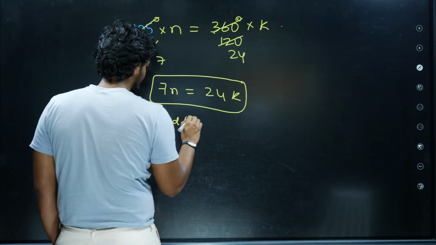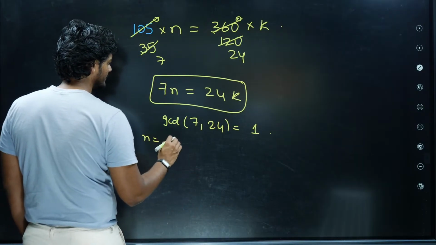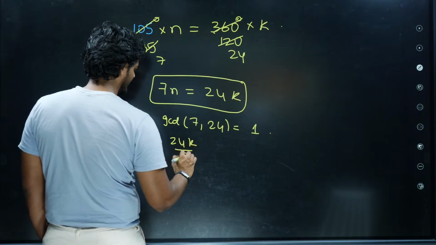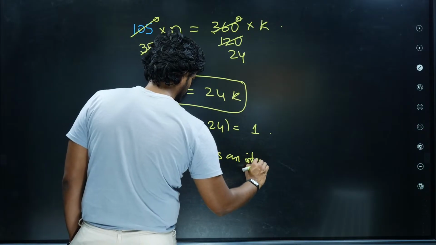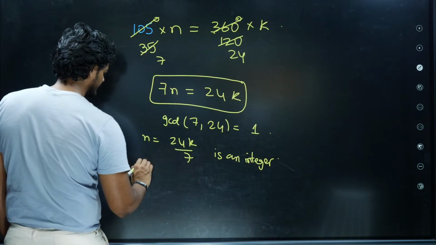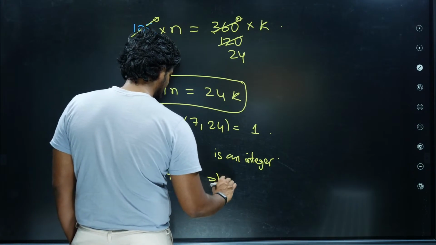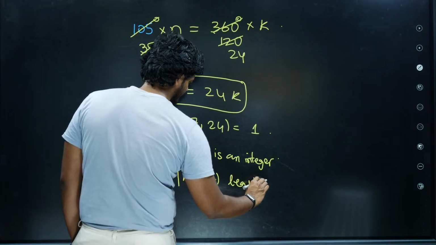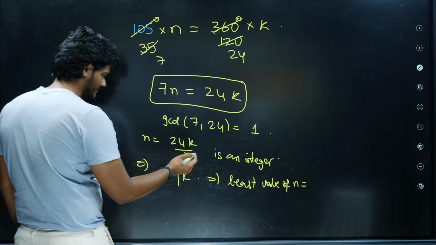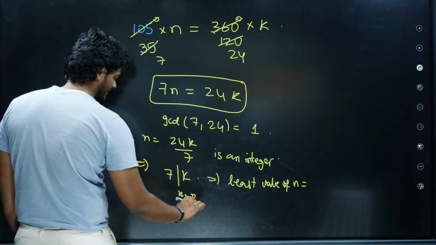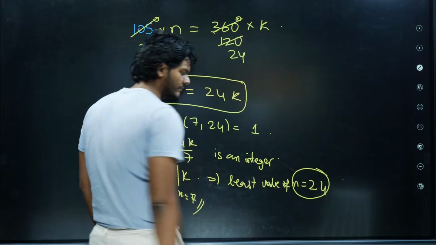Since GCD of 7 and 24 equals 1 and n equals 24k by 7 is an integer, that implies 7 has to divide k, implies least value of n equals, when k equals 7, least value of n equals 24. So 24 is the answer.